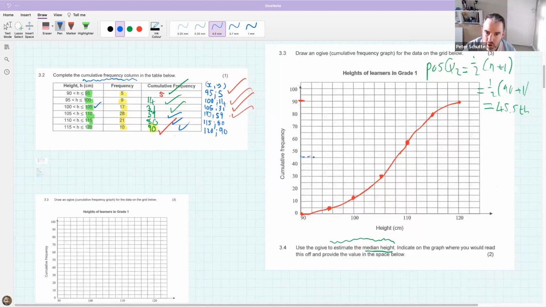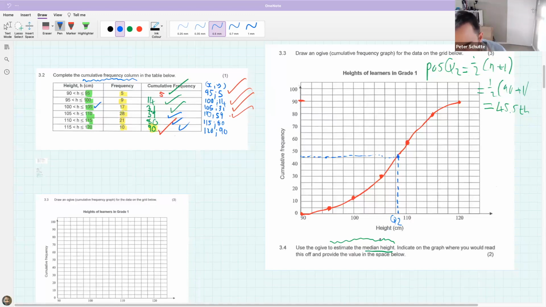And then I'm going to draw a horizontal line that goes from 45.5 and it gets me to here. And then what I need to do is I need to drop a line that goes down from here to here. And where it lands is going to be the actual value of the median.